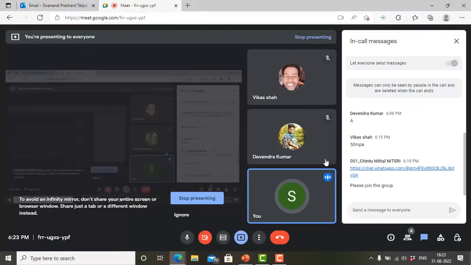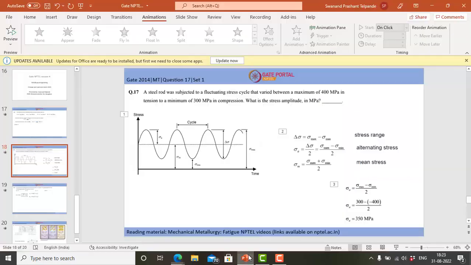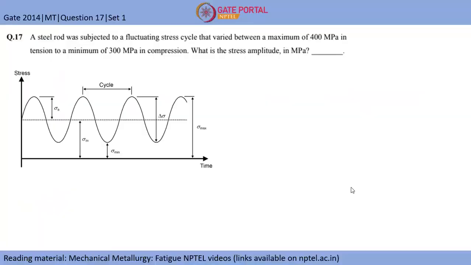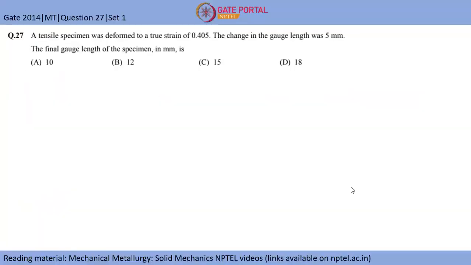So now I will go to question number 3 and I will give you 2-3 minutes time to solve it and then we will solve the question. So this is a numerical where true strain is given of a tensile specimen and delta L is given, the change in gauge length.